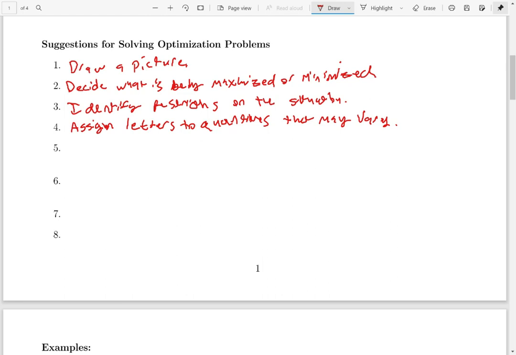Then once again, from your pictures, what's being maximized and minimized, and these restrictions and the letters we've assigned, you're going to form your 2 equations, if you haven't already by this point.